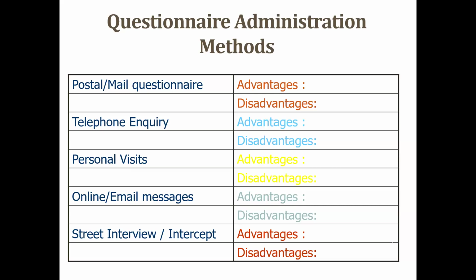The advantage here is that if they are able to read for themselves, they are able to answer the questionnaire more independently and at their own convenience. So even if they are busy at work, they can take it to the house, or at the end of the day's work they can respond to it, and then you can return to pick it up. There tends to be a high response rate with this approach, especially in our context.